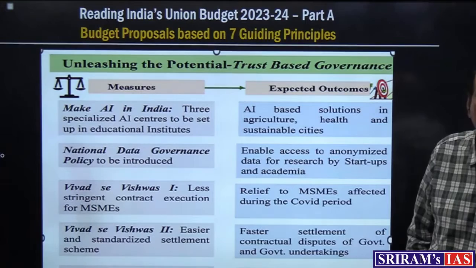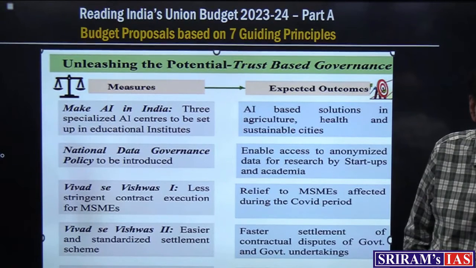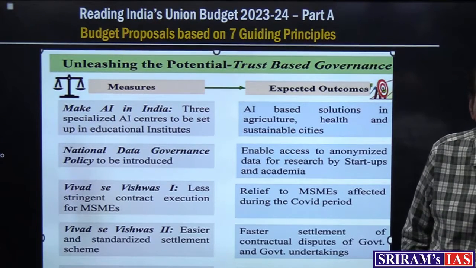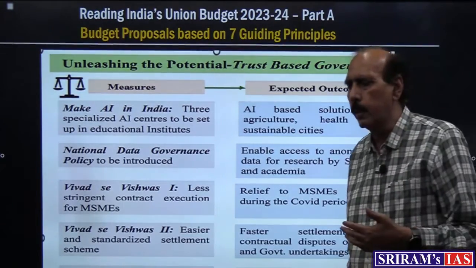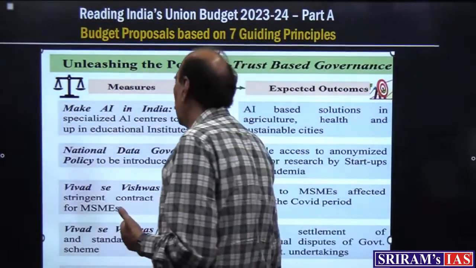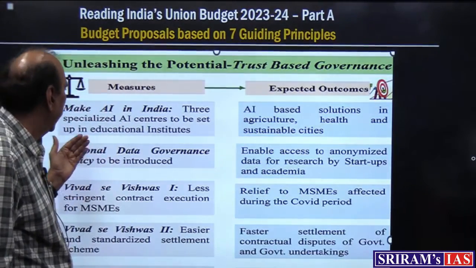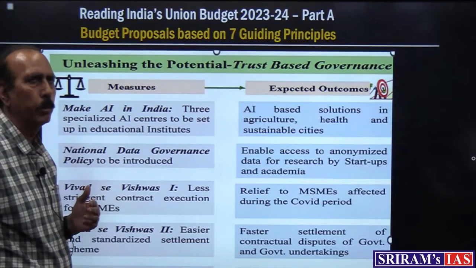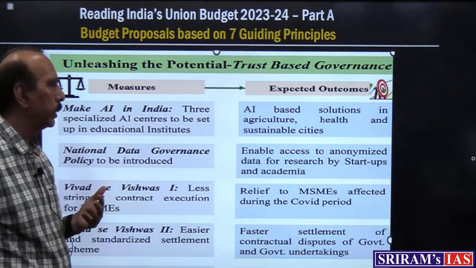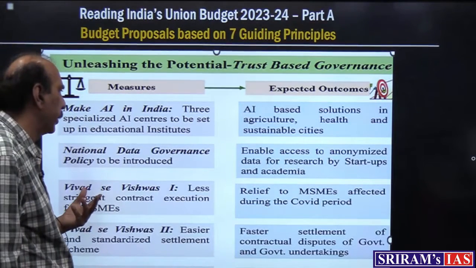Till now we were calling it the Make in India program. Now the government has announced the Make AI in India program. It means we are focusing on artificial intelligence and other such technologies, and 3 centers will be created in various institutions to promote artificial intelligence across the country.